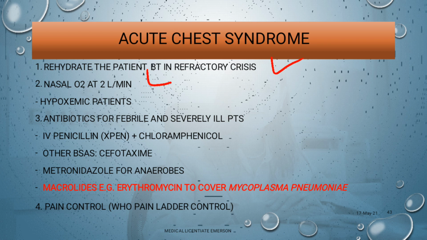Then antibiotics for febrile and severely ill patients: you can give your IV penicillins, your X-Pen or chloramphenicol. Then other broad spectrum antibiotics such as cefotaxime, in adults ceftriaxone, and metronidazole for anaerobes. Macrolides such as erythromycin cover for Mycoplasma pneumoniae. For pain control, again you have to follow the WHO pain ladder control.